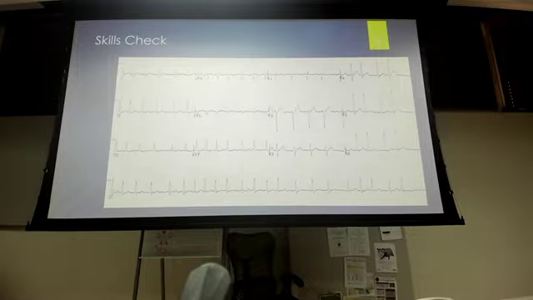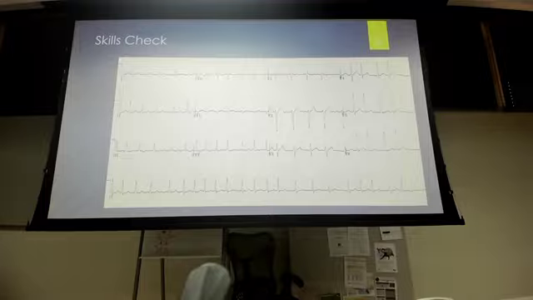Okay, ma'am, what do you think? Do you think it's irregular or regular? Irregular. Narrow or wide? Narrow. So narrow and irregular, same thing as we heard back here. So which of those three do you think it is?